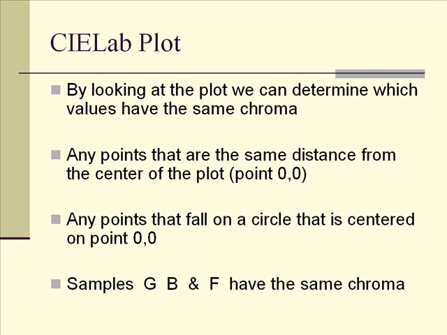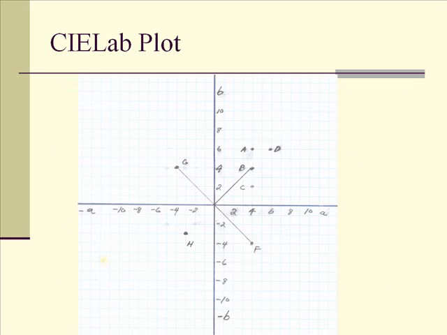I didn't draw a circle, but if you measure this distance from the center to F, the center to B, and the center to G, that's all the same distance. So if that's the same distance, we have the same chroma. Again, that's how you can do that from the plots. You could do that also from knowing the individual numbers and doing the calculations, but you can do it with a plot too. So either way, you can do it.